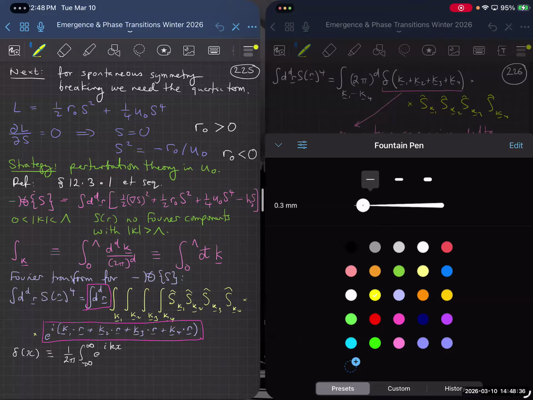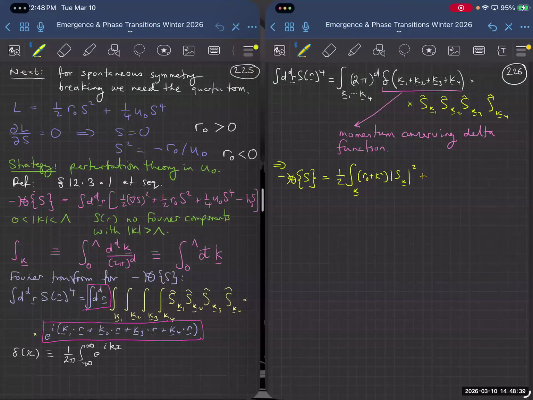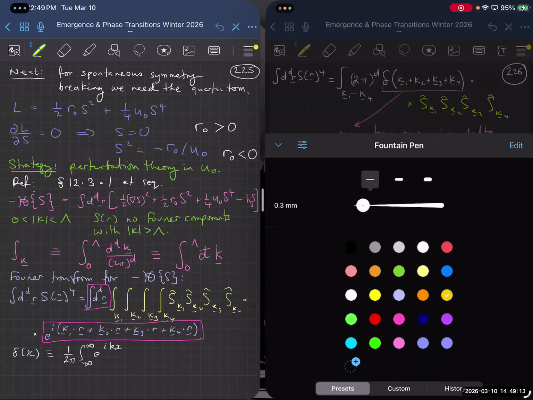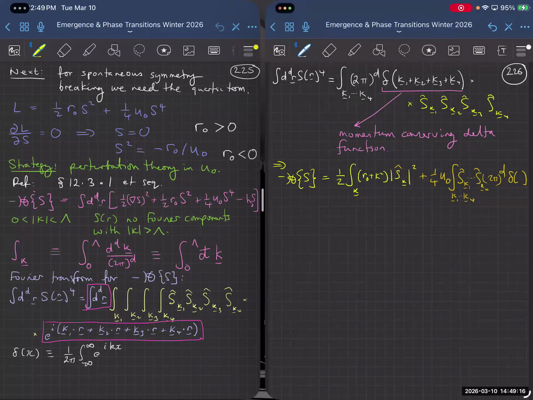And then we have the quartic term: 1/4 u naught times the integral from k1 up to k4 of s(k1) up to s(k4), and then (2 pi)^d times the momentum conserving delta function. And that's the Hamiltonian. Okay, that's just the first part, which we can think of as step 1.